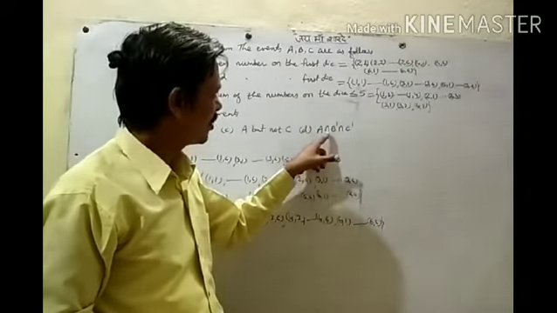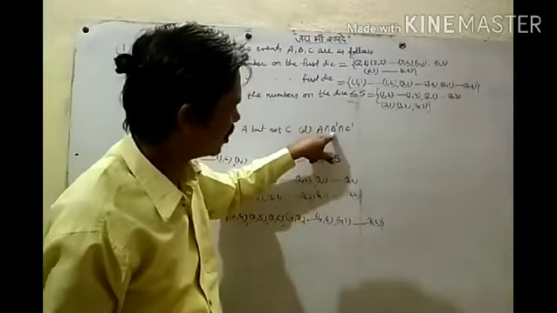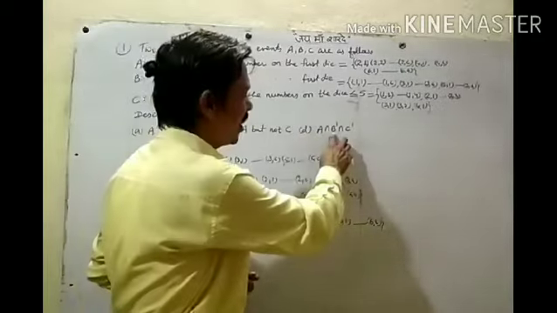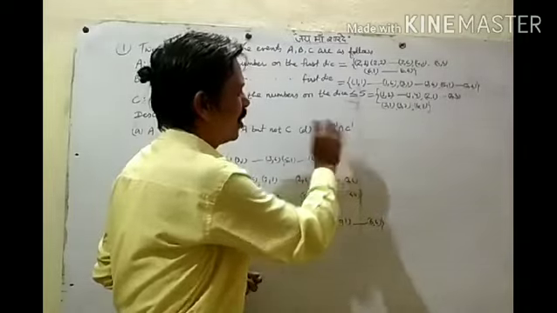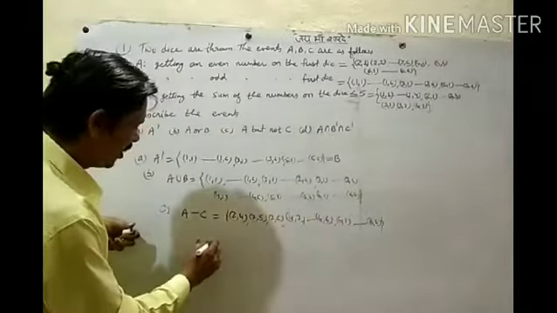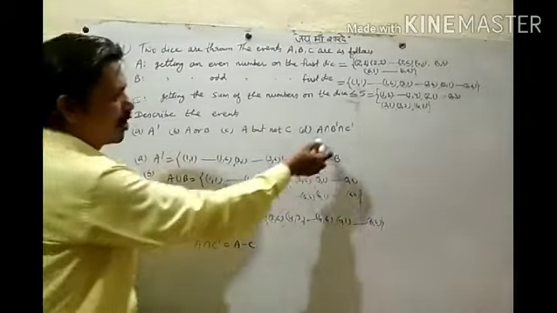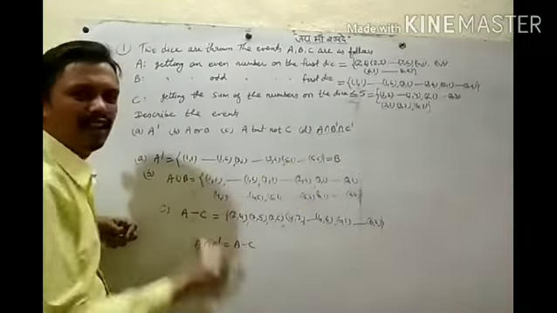So A intersection B dash: B dash is the same as A, so A intersection A is A only. And A intersection C dash, we can write as A minus C. So actually it is A minus C only.